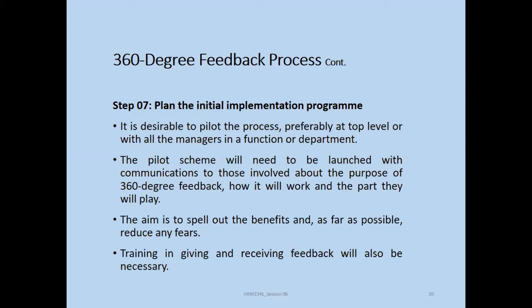Then they distribute to the selected feedback generators, then collect data, but they all are aware this is a pilot study, and this communication is very important.